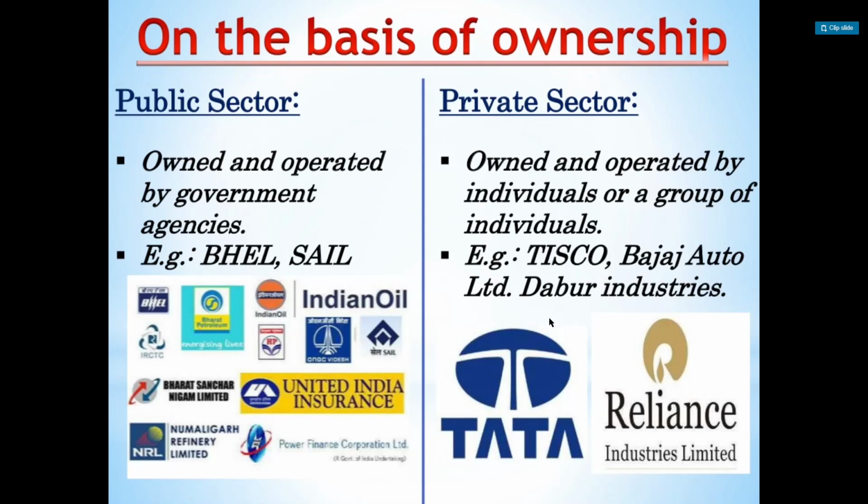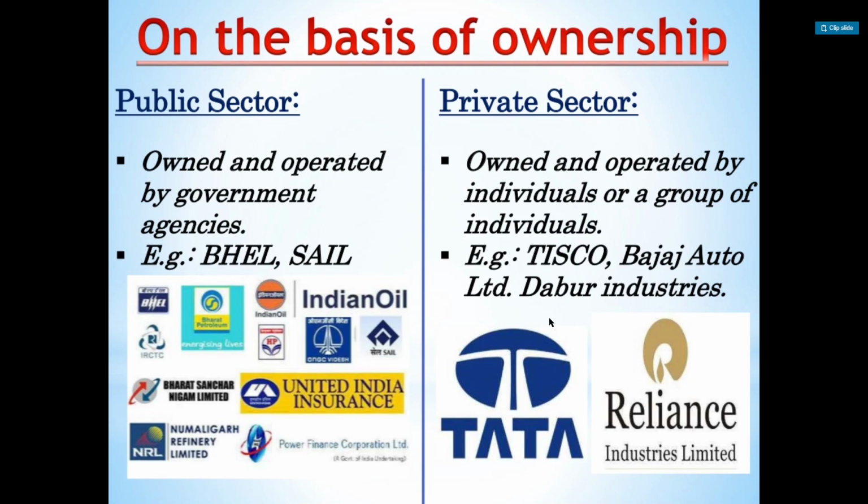Next classification is on the basis of ownership: public sector and private sector. We have studied this in our previous chapter, the difference between public and private sector. The public sector is owned and operated by government agencies, and the private sector is owned and operated by individuals or a group of individuals.